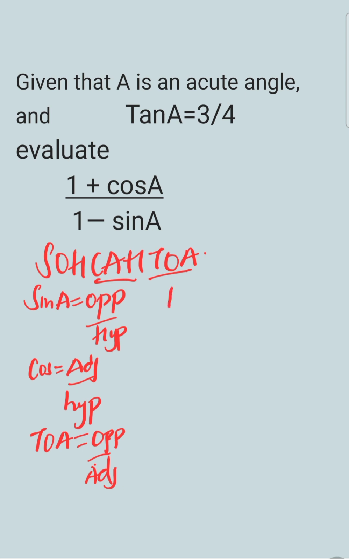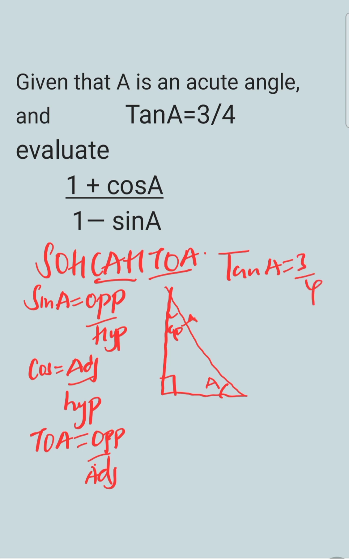So in this question we're told that A is an acute angle and tan A is 3/4. If you draw our triangle, a right angle triangle, let's assume this is A, this is 90 minus A. Tan A is 3/4, meaning opposite over adjacent.